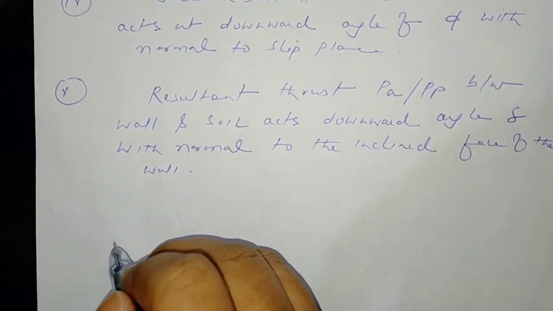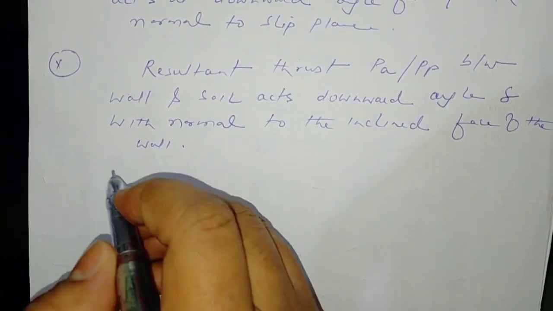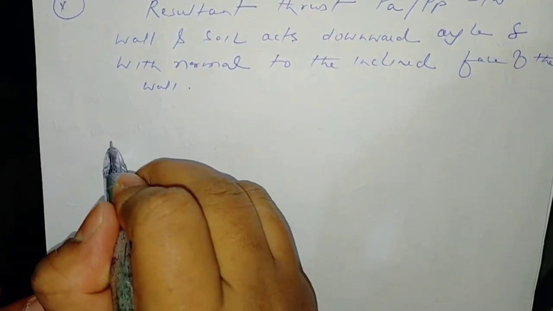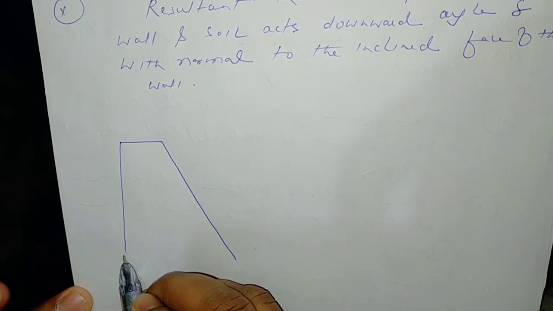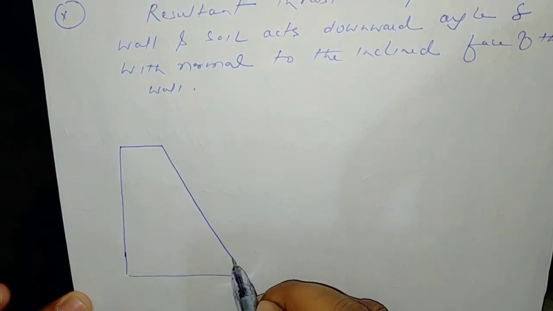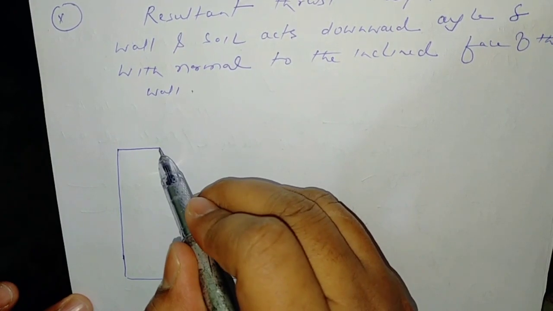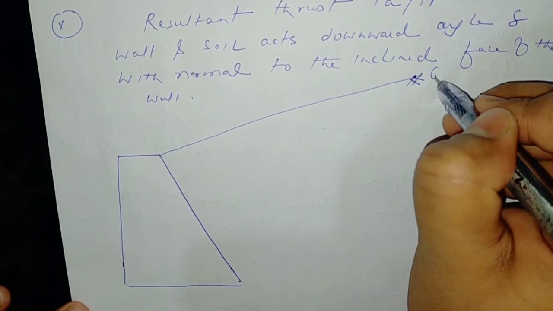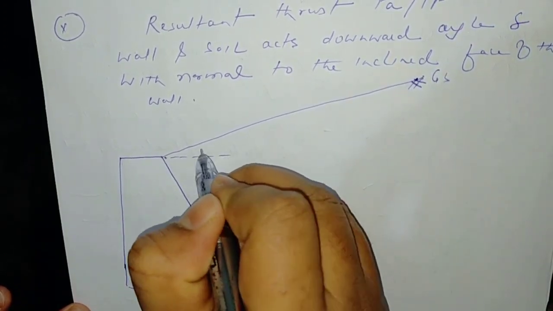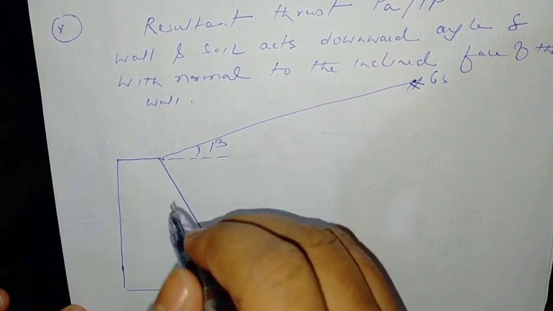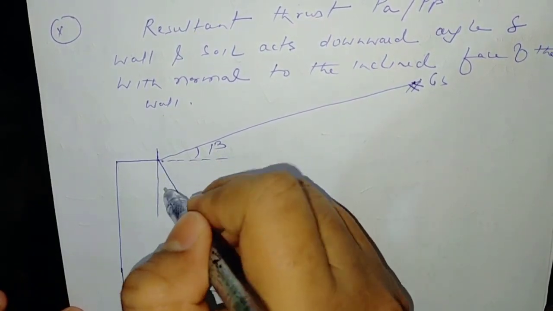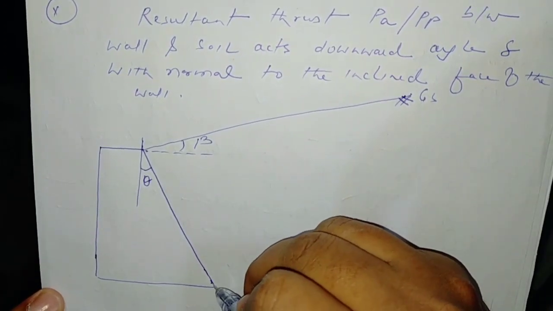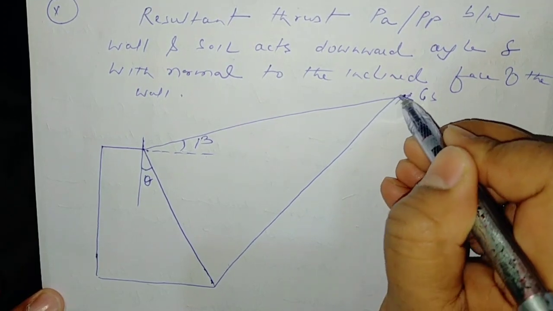So let us take a retaining wall. With the help of this we can easily understand these assumptions. I have taken a retaining wall. The inclination of the ground surface is at an angle of beta, the face of the wall with the vertical is at an angle of theta, and let us take this as the failure surface or slip plane.